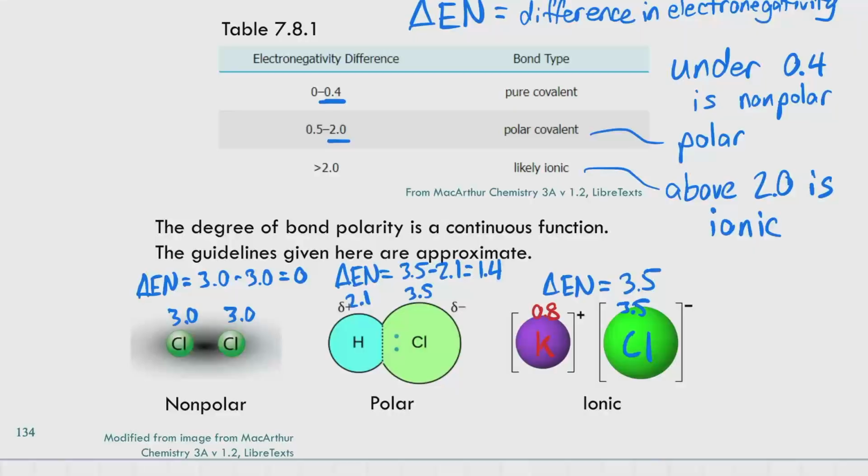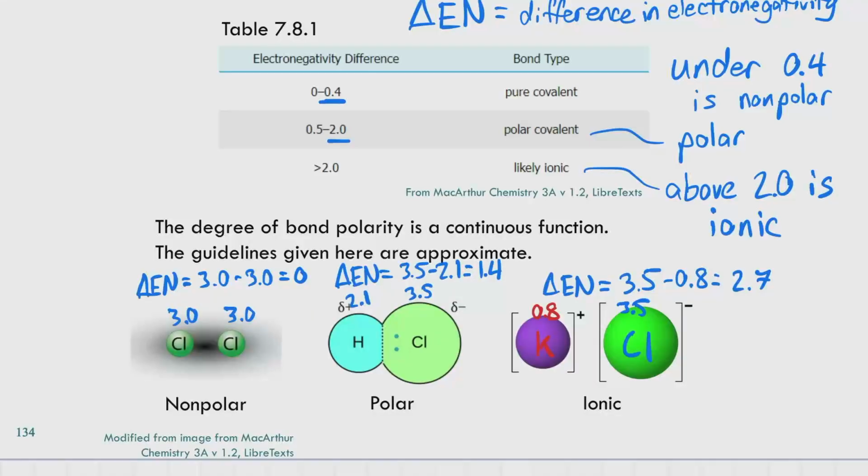Perfect. So 3.5 minus 0.8 is going to be 2.7. That's above 2, and so we would say that it's ionic. We could also say that it's ionic based on it being a metal and a nonmetal. So there's a couple of ways to do the identification. You don't always need the electronegativity values. You never need to have any of them memorized except for 4 for fluorine. That's the one that you should know.